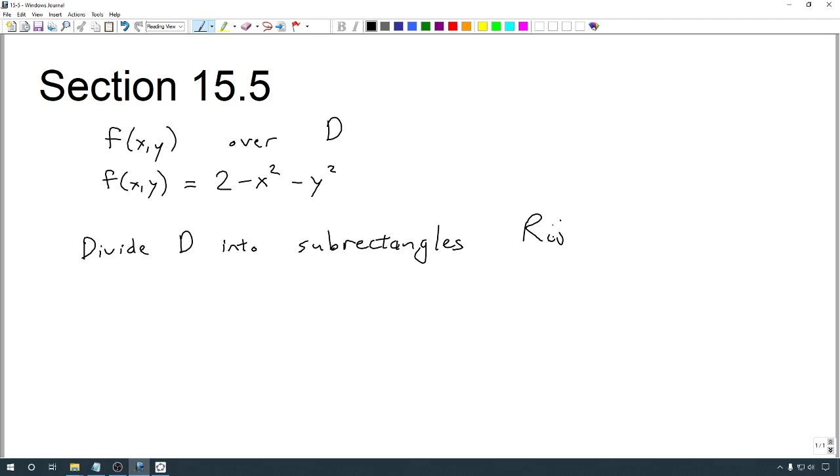Of course, on Rij, we need to take a sample point, and in this particular case we're going to pick a particular point. So we're going to say that the point xi, yj is a point in Rij, really just one of the corners that's closest to the origin.